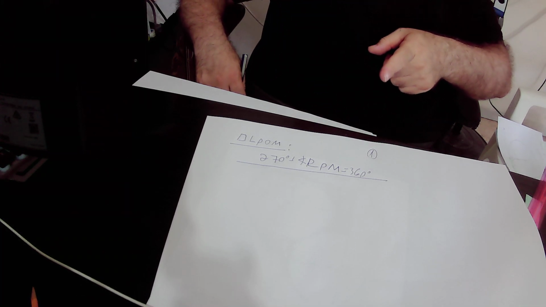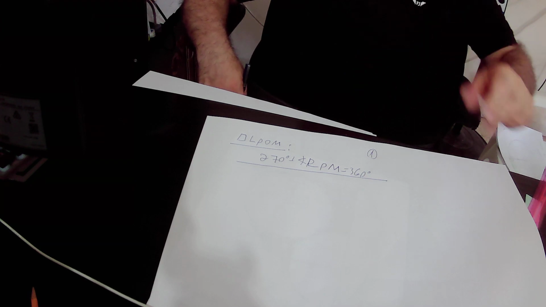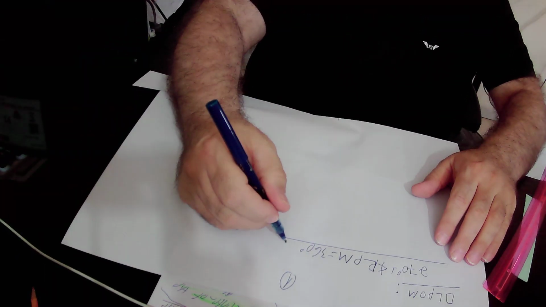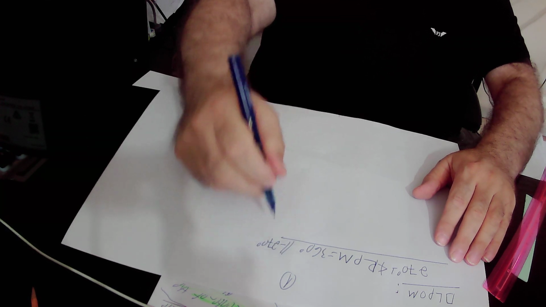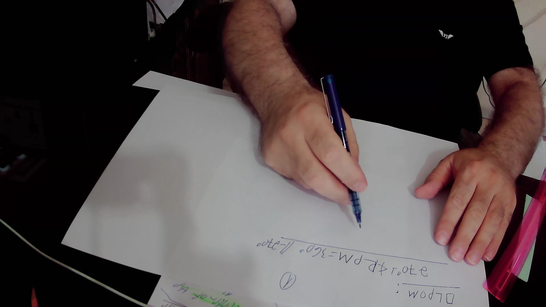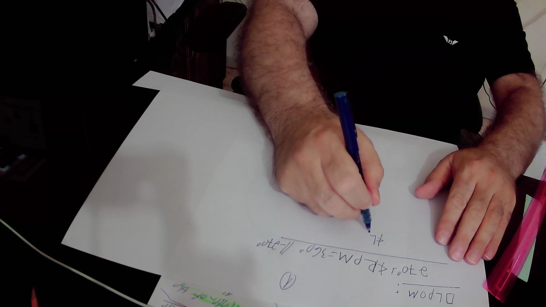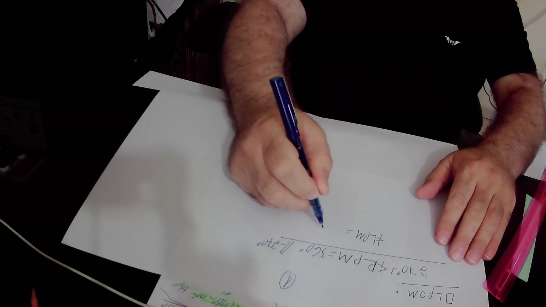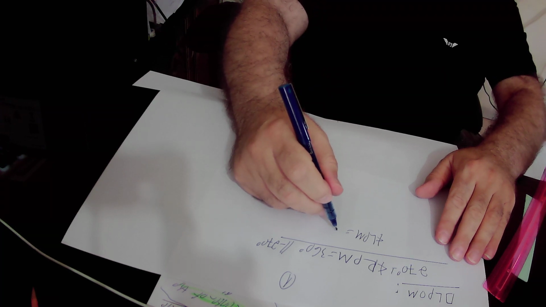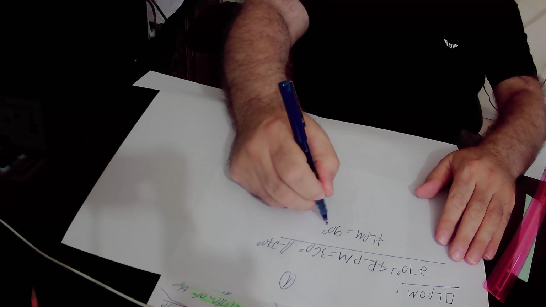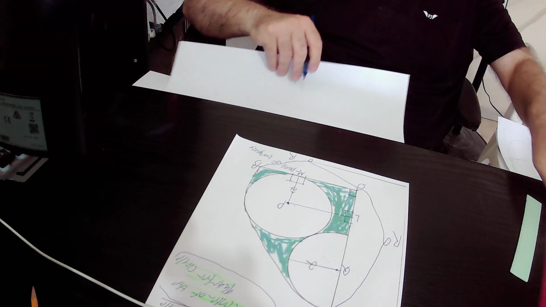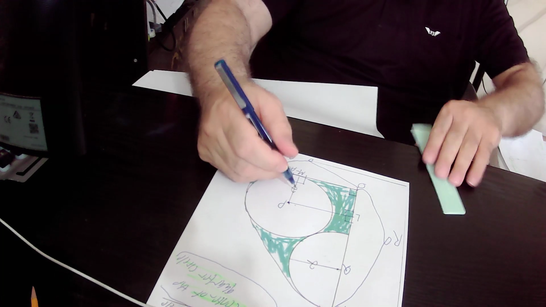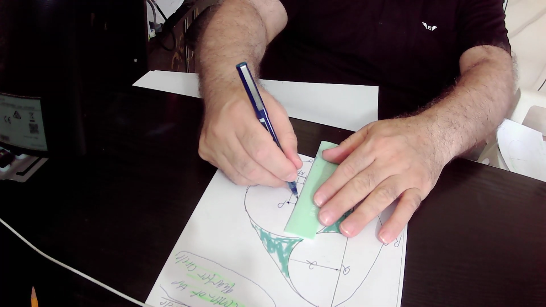So here we will subtract 270 degrees from this equation, and we will get that the missing angle LPM will be equal to 360 degrees minus 270 degrees, it is equal to 90 degrees. So we found out that the missing angle is a right angle. This angle LPM equals 90 degrees.